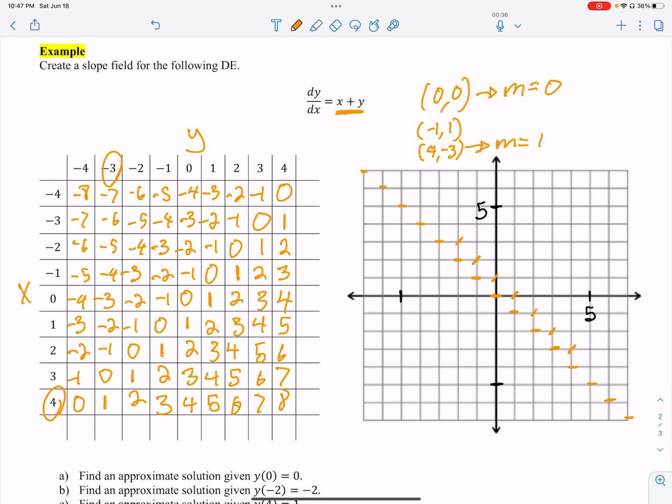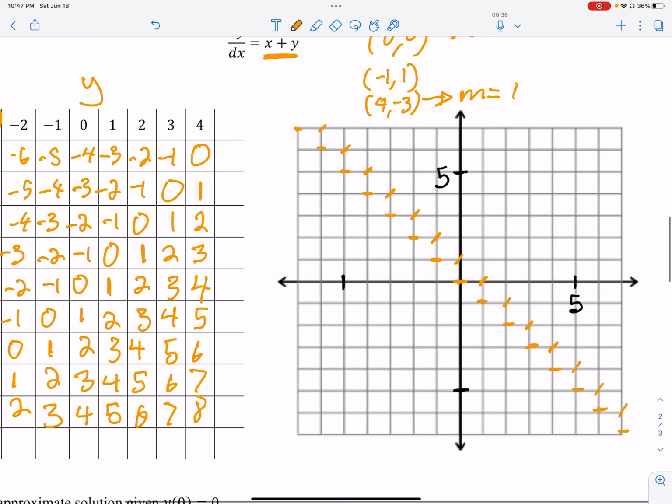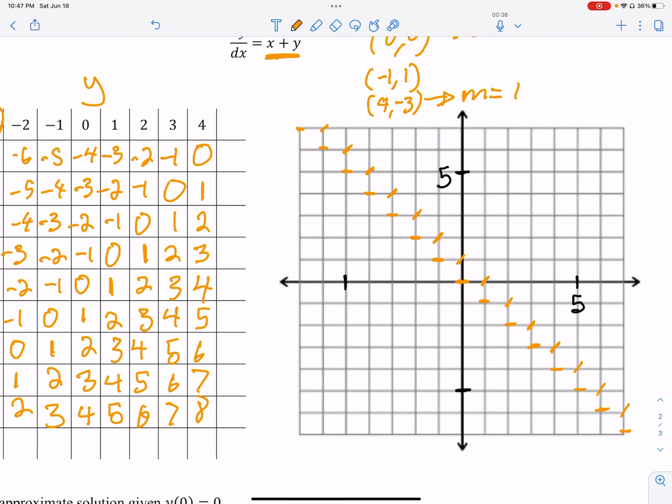You want to try to be decently accurate because our slopes are going to slightly change, and it's going to be pretty difficult to tell the difference between these lines. Alright, there we go. Slope of 1 all the way across, and then as we go over, we'd have a slope of 2, so the lines just get a bit steeper.